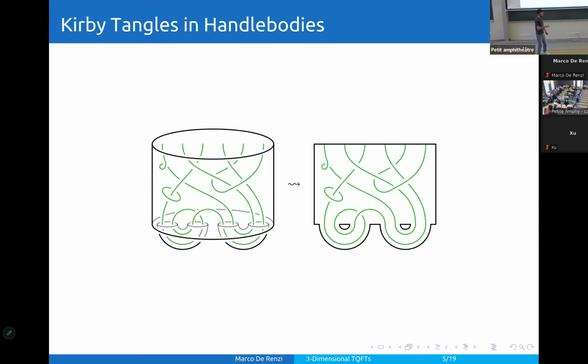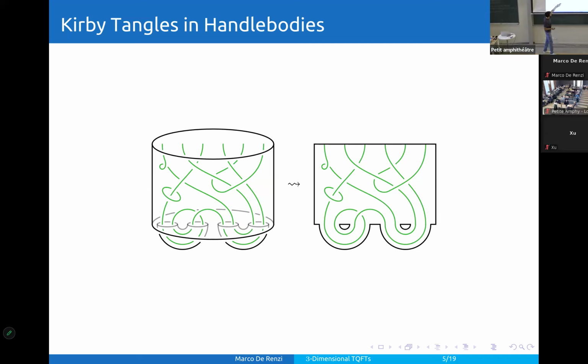A 3 Kirby tangle in the genus 2 handle body, for instance, is something like this. In green, we have a tangle. To be a Kirby tangle, you are allowed to have both closed circle components and arc components, but all the arc components are required to connect two adjacent endpoints on the top boundary of this handle body.